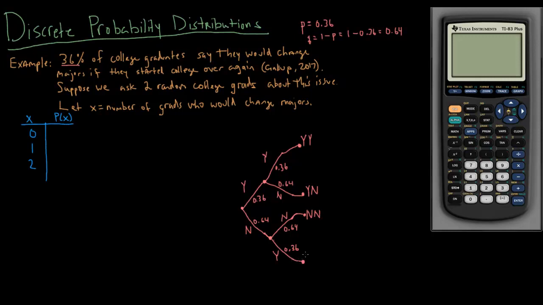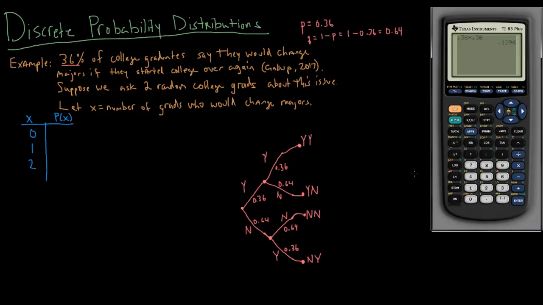And this option down here would be the first person said no, but the second person said yes. Now, since all of these events are independent, to get the probability of yes, yes, we simply multiply 0.36 times 0.36. So we go over here to our calculator, and we say 0.36 times 0.36.